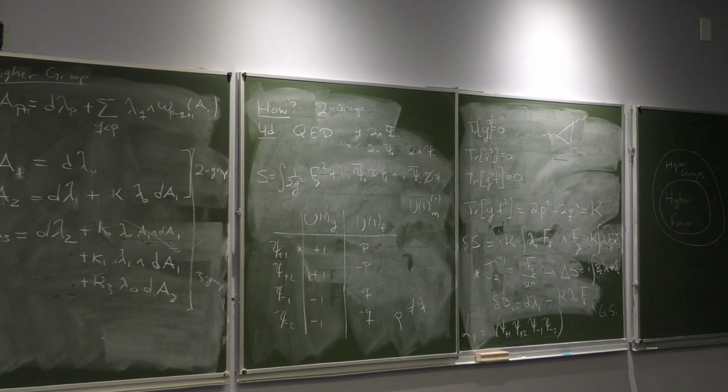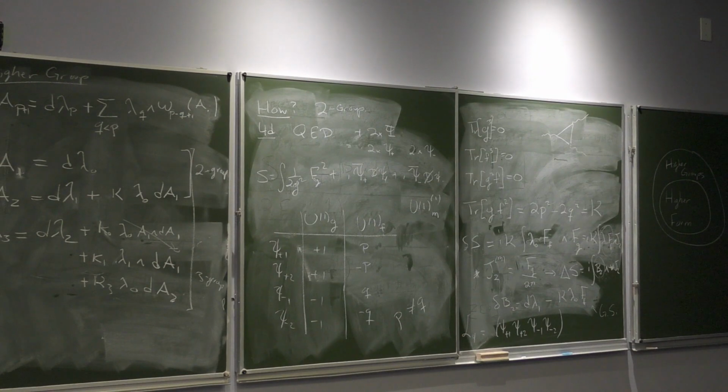You can really think of this exactly like having a group that has proper subgroups. You can always gauge a proper sub n group of a full n group symmetry, which I think is kind of what you were asking, Sam. You can make the one form symmetry dynamical without making the zero form symmetry dynamical. But if you try to make the zero form symmetry dynamical, you need to make the one form symmetry dynamical, because it's really a two group and not just a zero form symmetry.